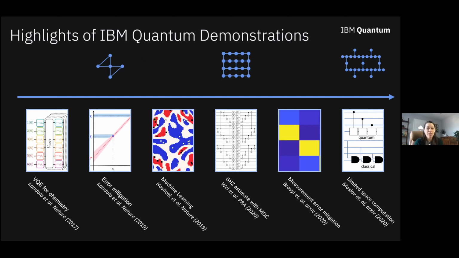Crosstalk can come into the measurement through crosstalk on the gates or crosstalk on the measurement itself. Those are both possibilities. I think we've seen that in the paper that we have on the measurement mitigation.